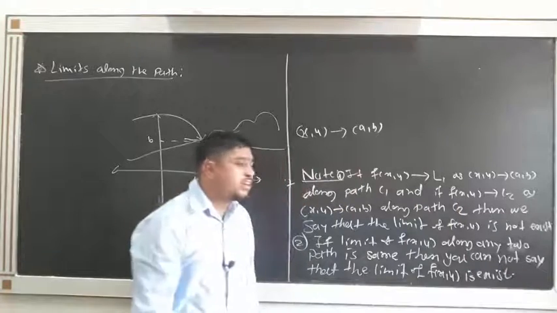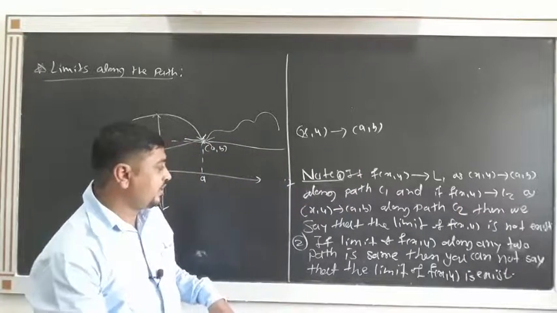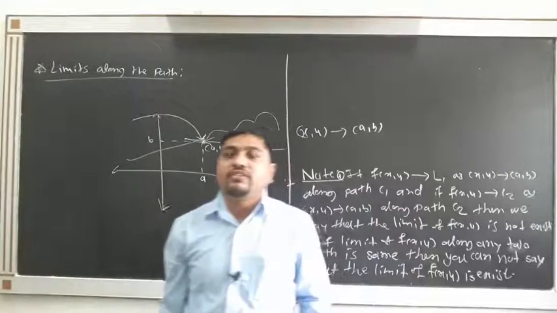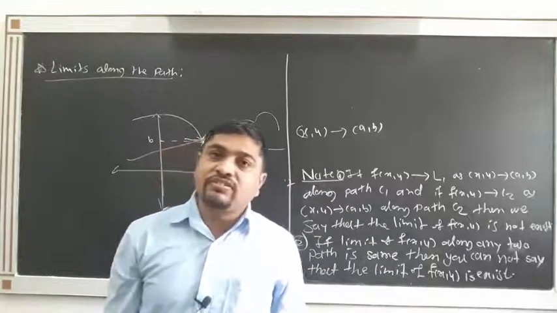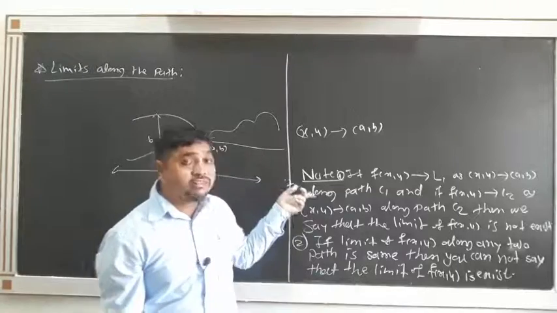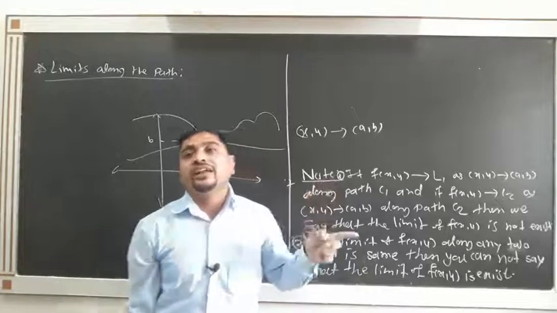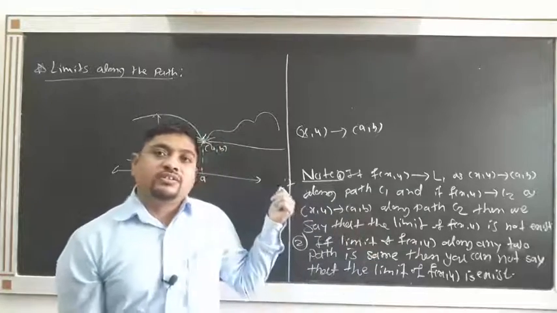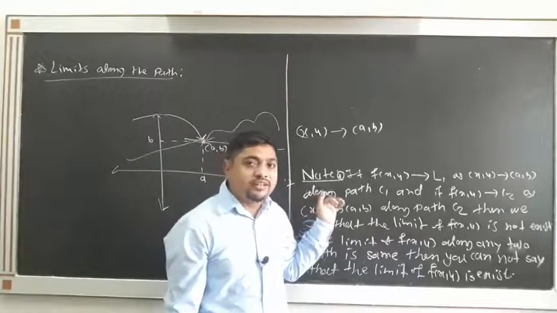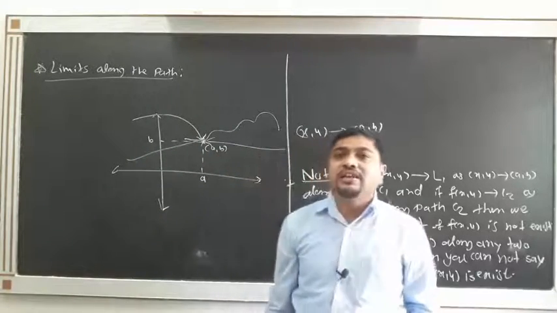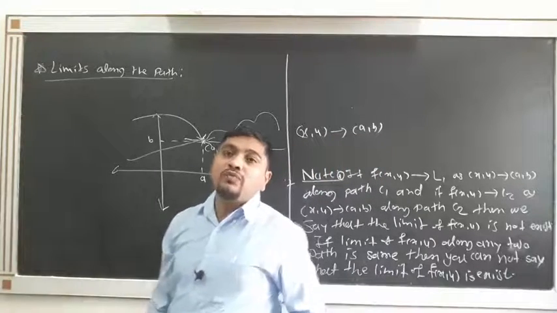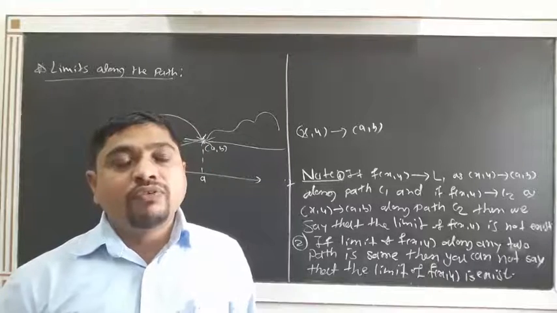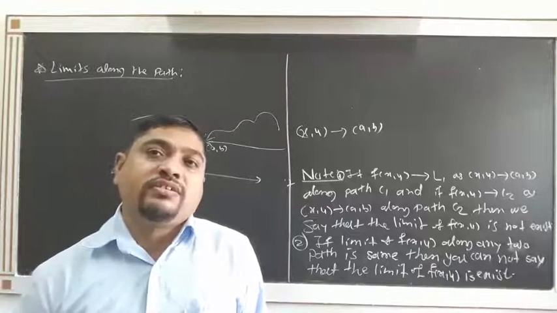That means if two paths give the same limit, we cannot directly say the limit exists. But definitely, if the limits are different, then we can directly say that the limit of the function does not exist. So this method of limit along the path is useful for showing that the limit of f of xy does not exist.